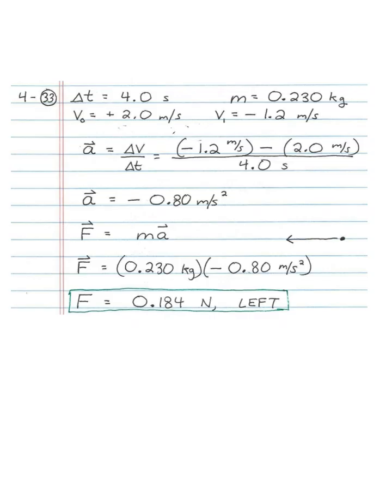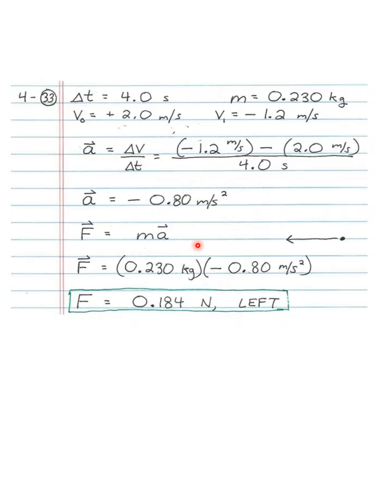Initially, in calling V naught positive 2 meters per second, that means it was going in the positive direction, and I'll call that to the right. And then finally, it was going negative 1.2 meters per second, which would be to the left. So the acceleration is to the left, negative 0.8 meters per second squared.